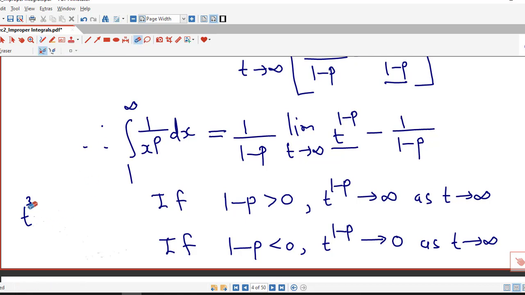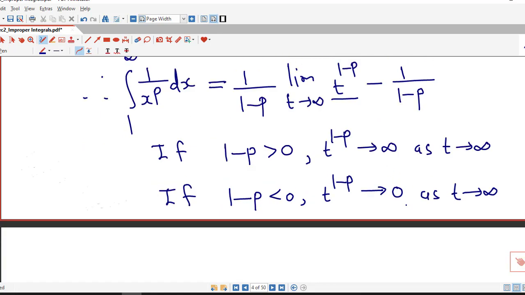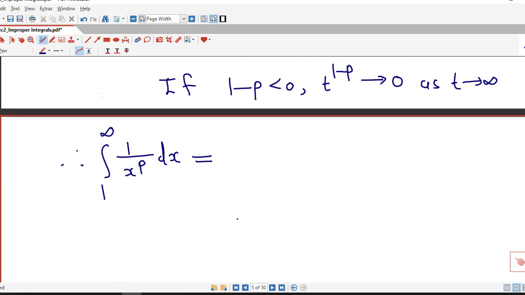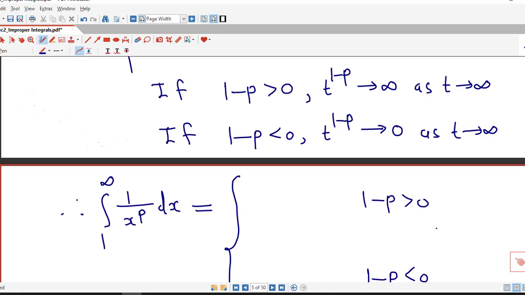So we can write the integral from 1 to infinity of 1 over x raised to p dx in two cases: 1 minus p positive and 1 minus p negative.